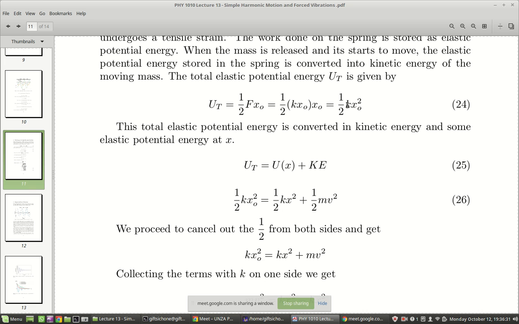This is the reason why this thing happens. The first time you stretch the spring, you store a certain amount of energy in the spring. The energy you store is equal to half k multiplied by the amplitude squared. However, because of the presence of friction between the mass and the surface on which it's moving, that friction is going to eat up, slowly but surely, all the potential energy.